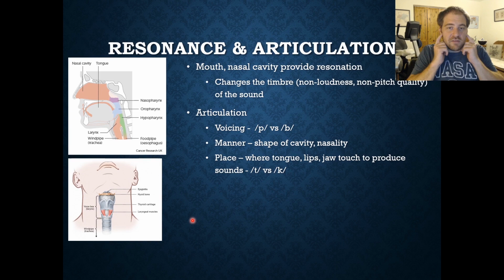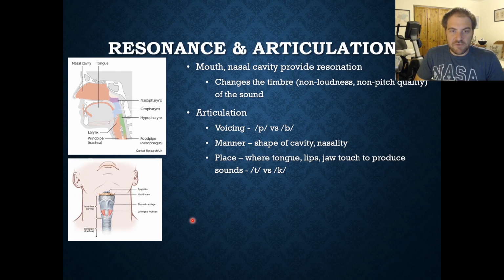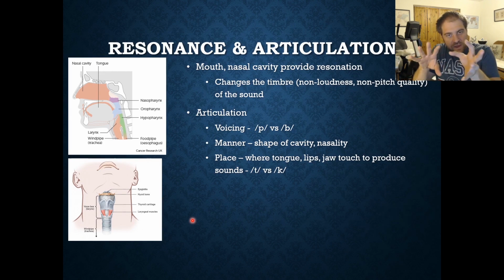So if the tongue is very far back in the mouth versus very forward on the alveolar ridge where the teeth are, t versus k. So all those different things are going to change the way that sound sounds and create different speech sounds.